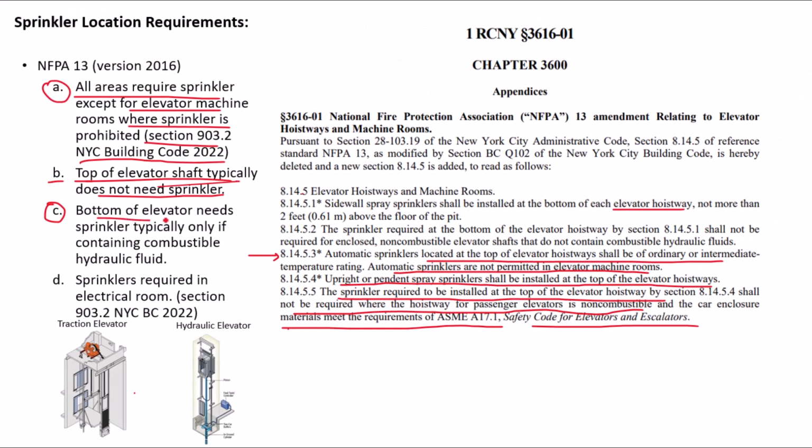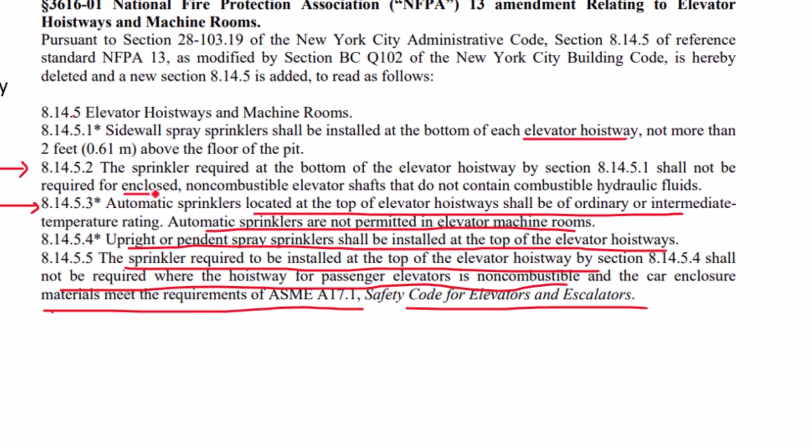Point C, bottom of elevator needs sprinkler, typically only if containing combustible hydraulic fluid. And that is basically from this section here. The sprinkler required at the bottom of the elevator hoistway shall not be required for enclosed, non-combustible elevator shafts that do not contain combustible hydraulic fluid.